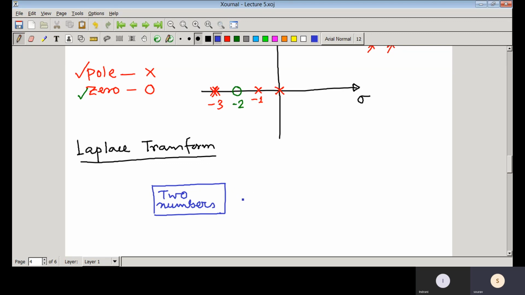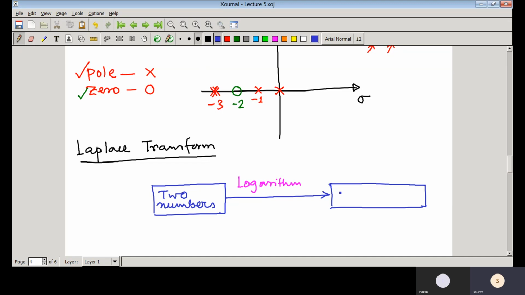Now if you take that logarithm here, then what do you get? You will get the logarithm of that function.